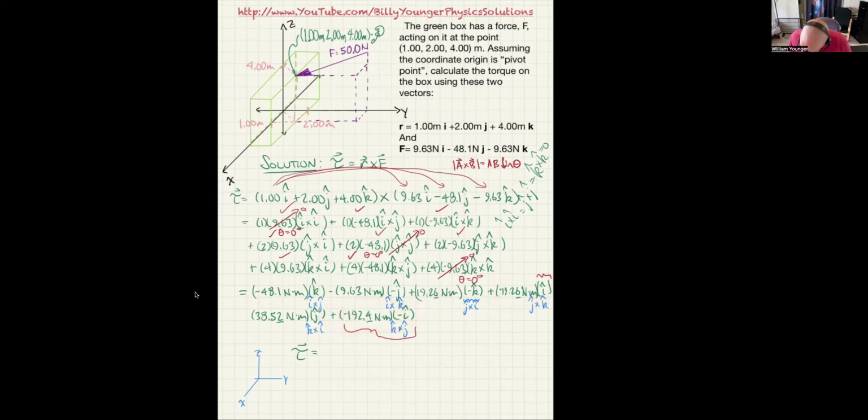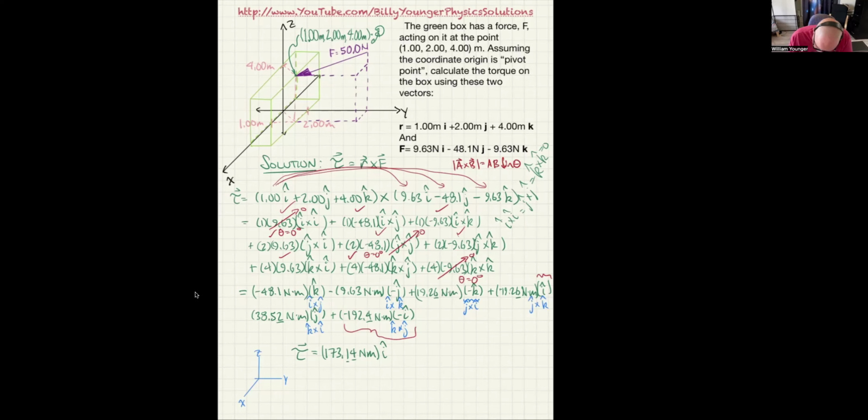So 192.4 minus 19.26 is equal to 173.14. Now we've got obviously two extra sig figs, and this is Newton meters, and in this case it's in the I hat direction.